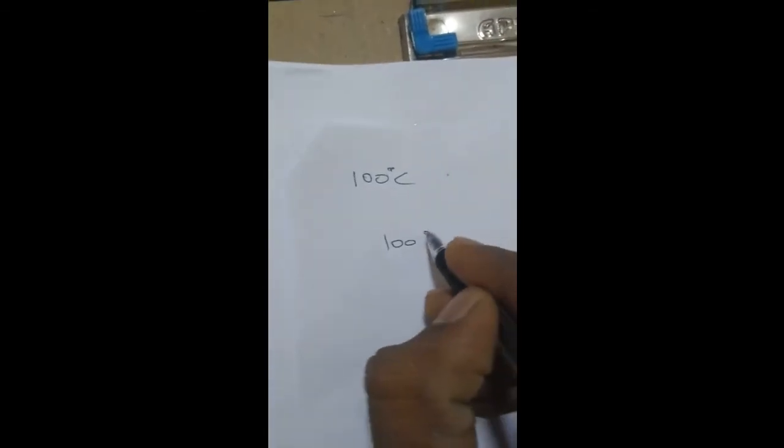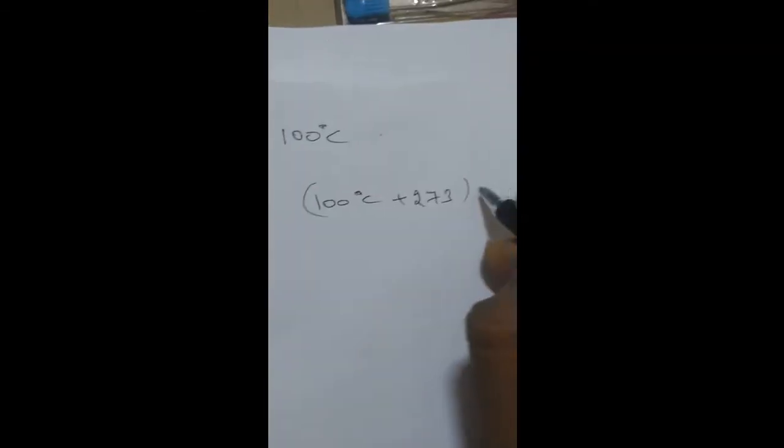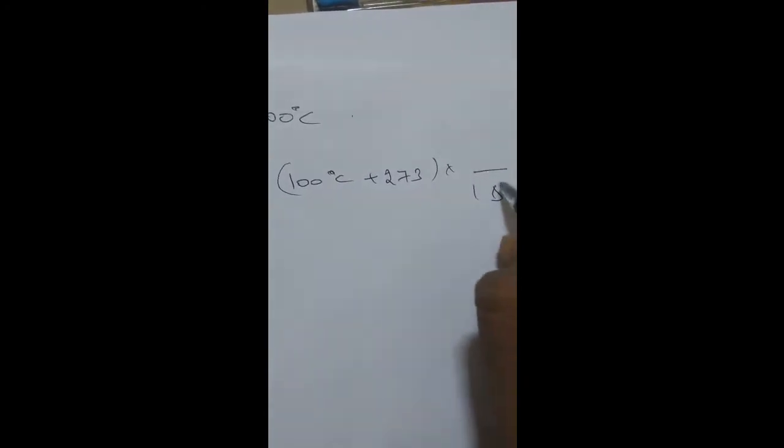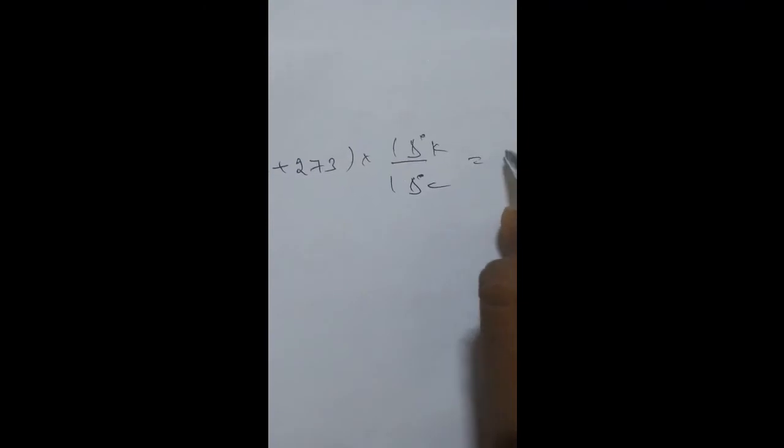What is that? 100 degree Celsius. To convert, 100 degree Celsius plus 273 Kelvin, and 1 delta degree Celsius is 1 delta Kelvin, is equal to 373 Kelvin.